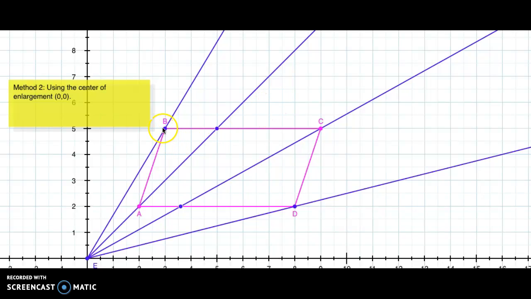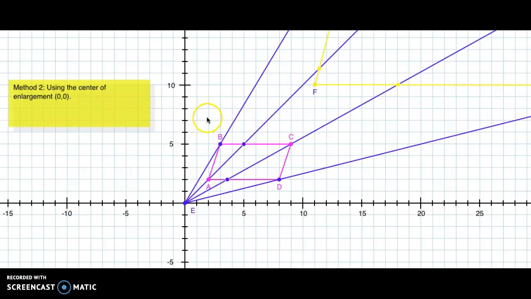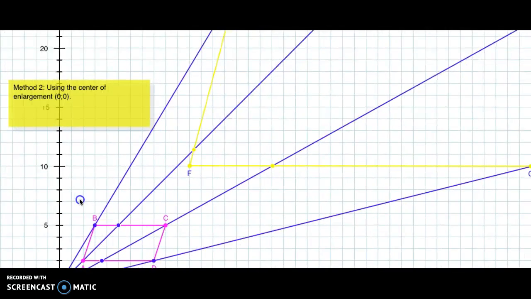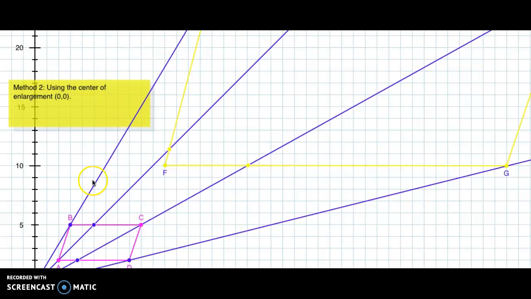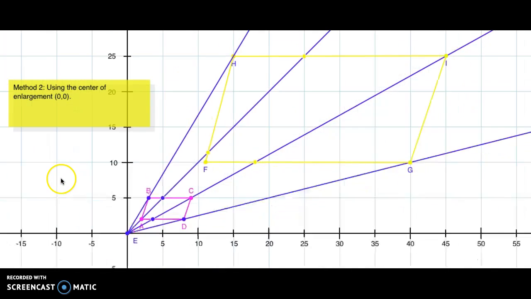And I would do that same process for each one of these points, A, B, C, and D. I would count from the center of enlargement and see how far it would take me to get to that point. And then once I'm at that point, I would do it 4 times to get to my next point. So by doing that, I get this shape here, which is, let's see if I can get it all in here.